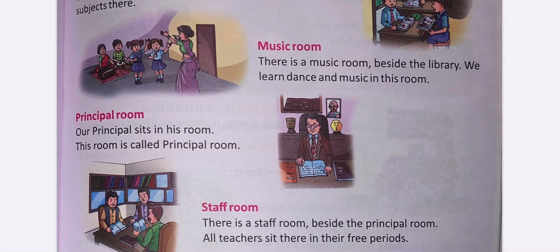So, generally in schools, the music rooms are situated far off from the libraries. In a music room, we learn dance and music. In our school, we have a separate dance room and a separate music room.